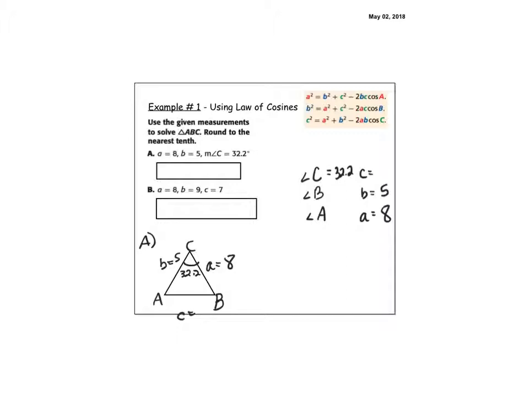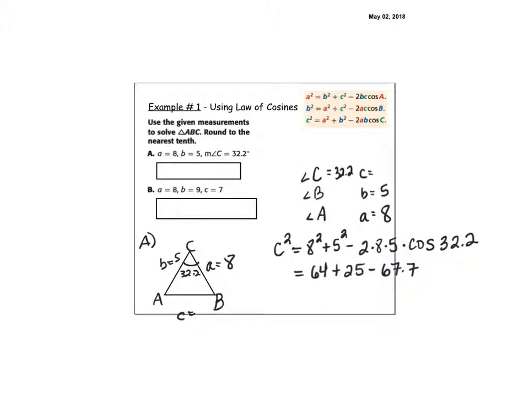So to solve this, I'm looking for the law of cosines equation that I can use to solve. And it looks like the last one here, c squared equals a squared plus b squared minus 2ab times cosine of C, would give me c squared, which is one of the sides I'm looking for. So I'll go ahead and use that. So if you multiply 2 times 8 times 5 times the cosine of 32.2, you get 67.7. 8 squared is 64. 5 squared is 25.